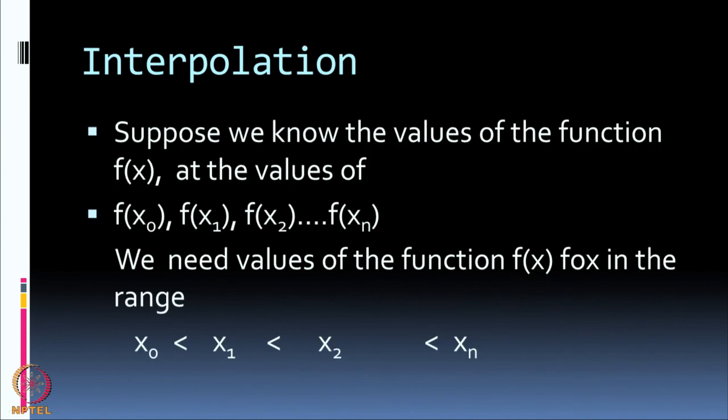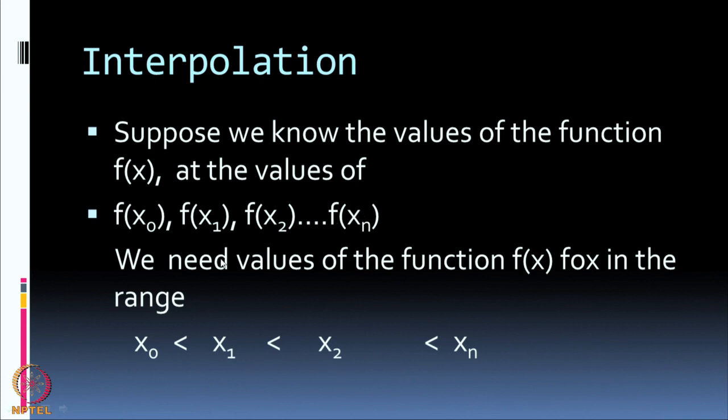So, what is the problem of interpolation? Suppose I have values x naught, x 1, x 2 and x 3. These are my independent variables on the x axis, and on the y axis I have f x naught, f x 1, f x 2 and f x n. These are my points on the y axis.